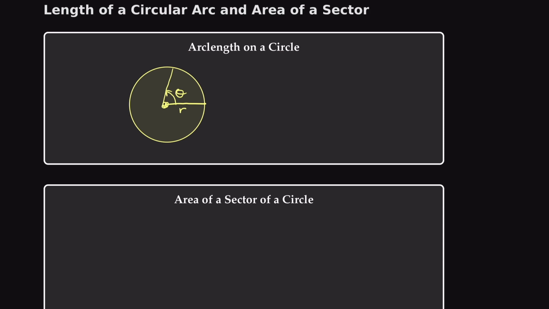We know the radius, and we know the angle, and we want to find the arc length, which is often written as S, right? And so we want to write S in terms of what we know, which is the radius and the angle. Now we know the answer to this in one specific case, right? If you want to find the arc length all the way around the circle, that would be the same thing as the circumference of the circle. We know the circumference is 2 pi times the radius, 2 pi r.